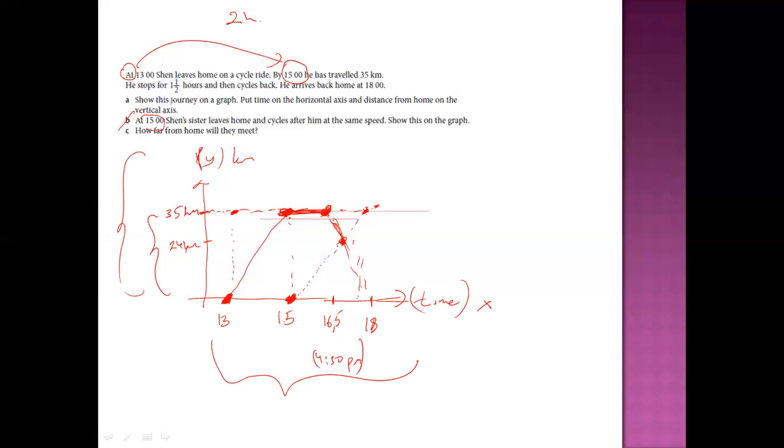When you calculate, you will see, because he was here 1.5 hours, and his sister also started from home at 15 o'clock, she'll come, and here they'll meet at 24 kilometers.